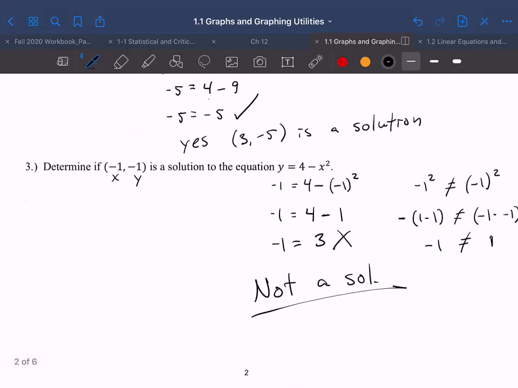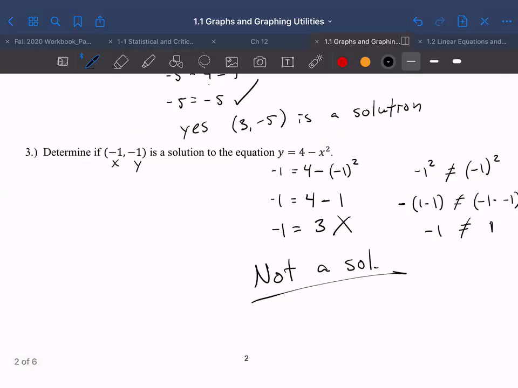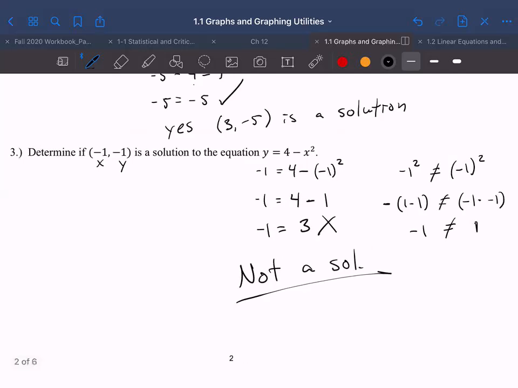All right, the very last one here is to determine if (-1, -1) is a solution to the equation y = 4 - x². So both of them are negative 1 in this case, so we're going to plug in negative 1 for both of them. Here I plug in the negative 1 for y on the left-hand side, which just stays negative 1. On the right-hand side, I'm very careful that I plug in negative 1 like this.